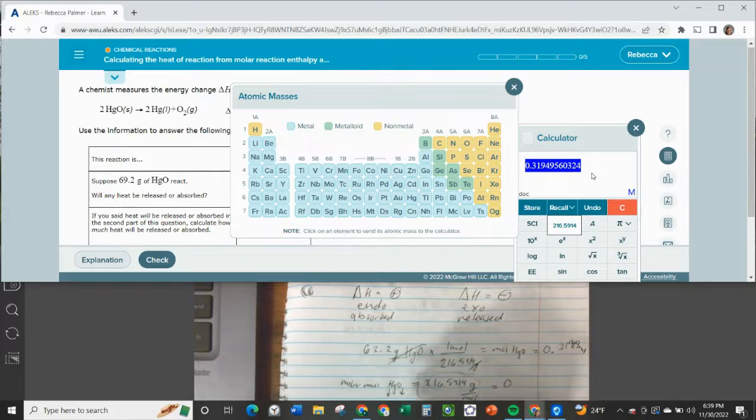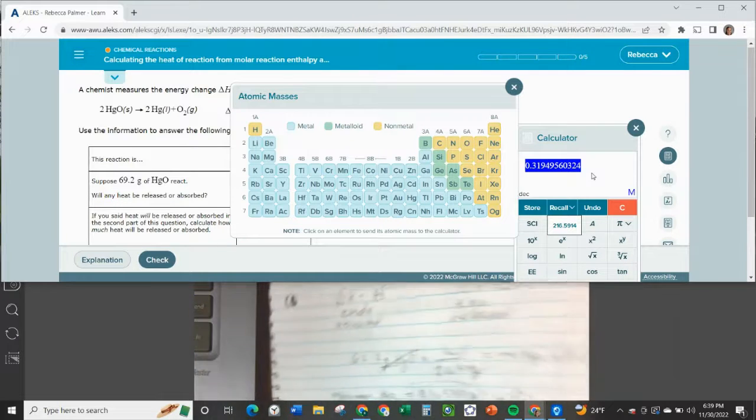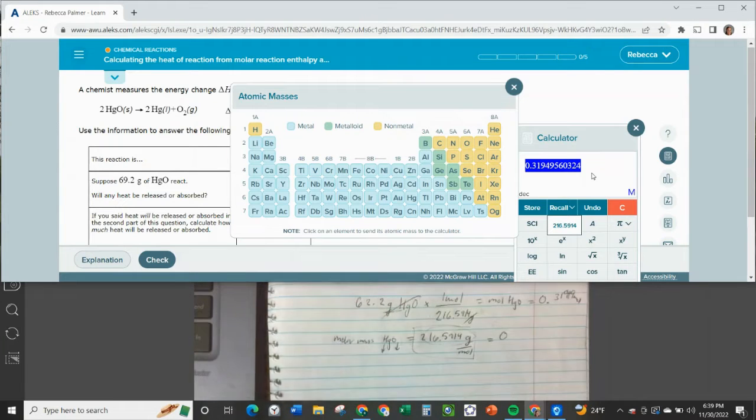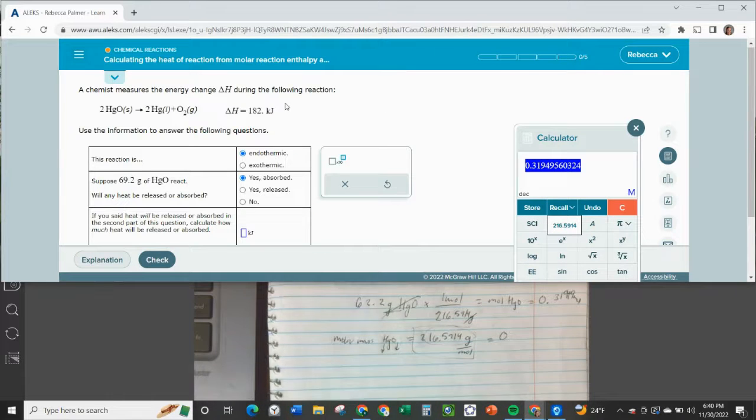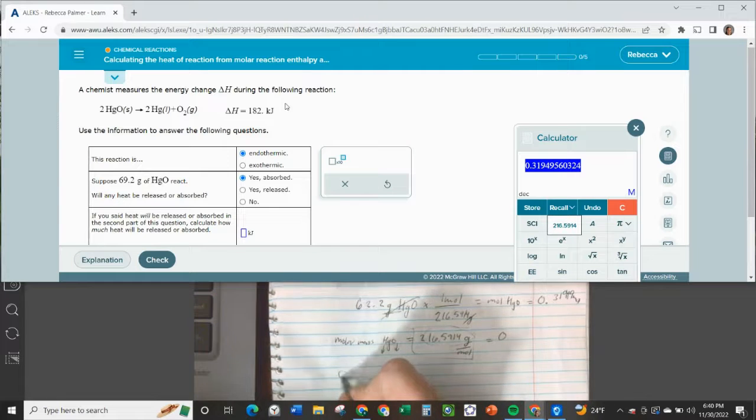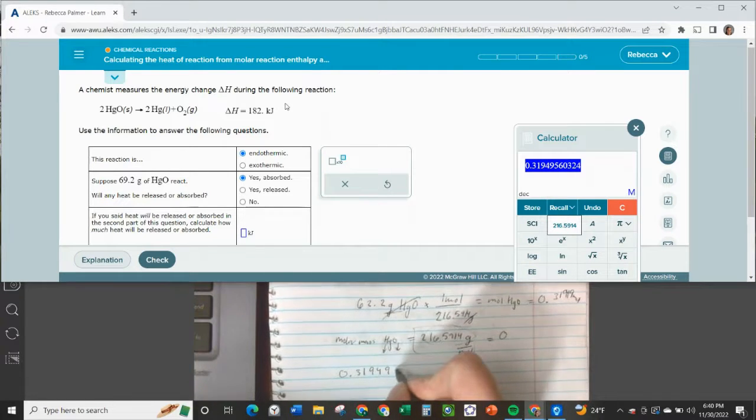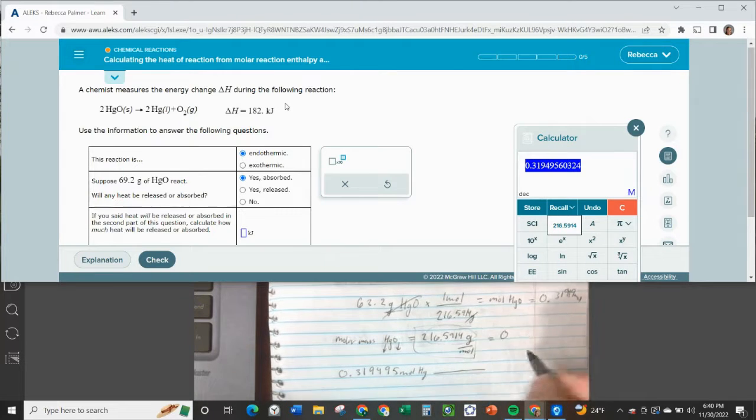Okay, and then we have one more conversion factor. This equation is telling me I have 2 moles of mercury oxide for 182 kilojoules. So this is still our given number, moles of mercury, and I'm trying to figure out kilojoules. So that's going to go on the top.